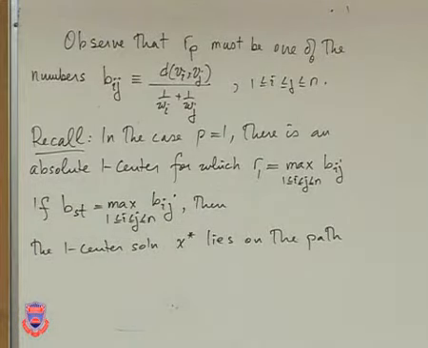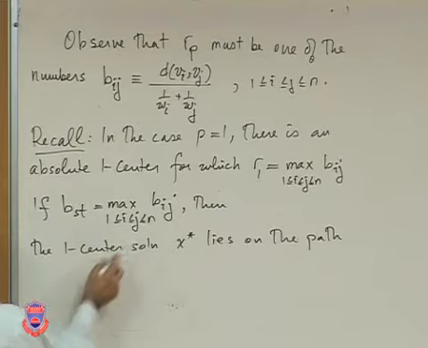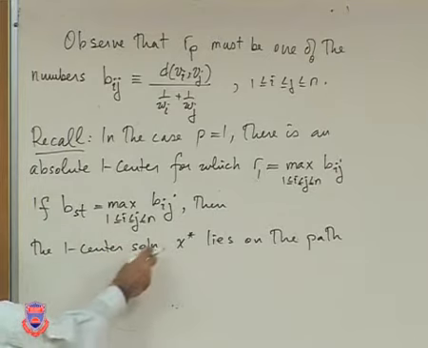So if Bst is the maximum such ratio, then the absolute one-center solution is a unique solution.